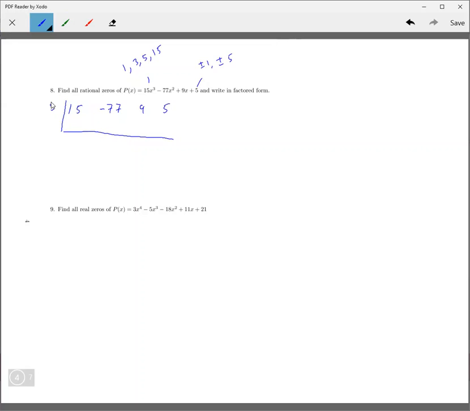And we'll try 5. Okay, so 5 times 15, whoa, 75? Oh, now we're talking. Now that's only -2. 5 times -2 is -10. -10 plus 9 is -1.